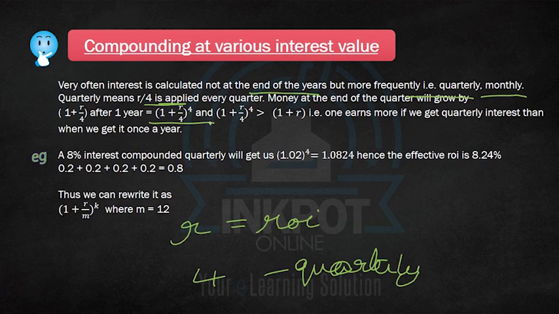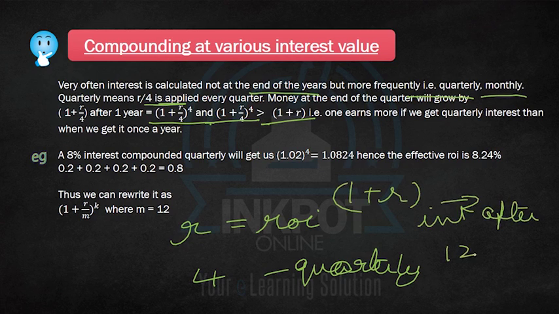And then you find that 1 plus R by 4 raised to the power of 4 is greater than 1 plus R, which is very interesting, because the 1 plus R means that you're going to get the interest after 12 months. But here you're going to get the interest after every 3 months.